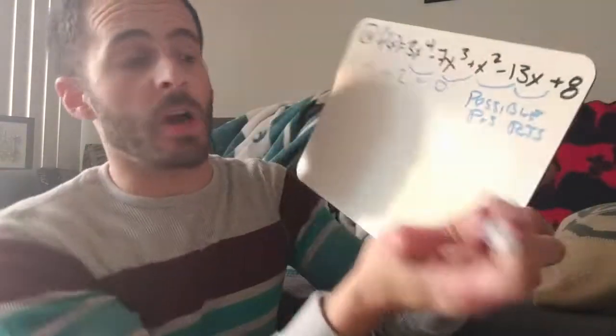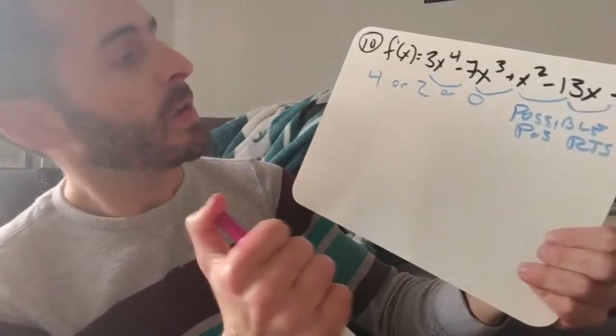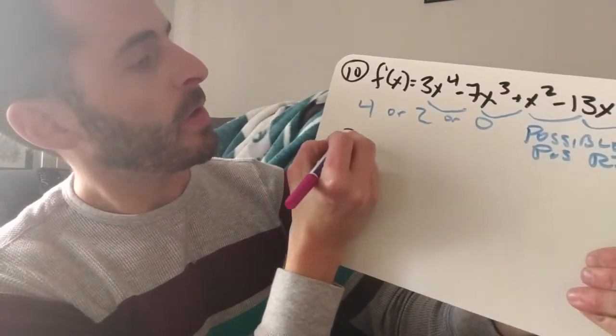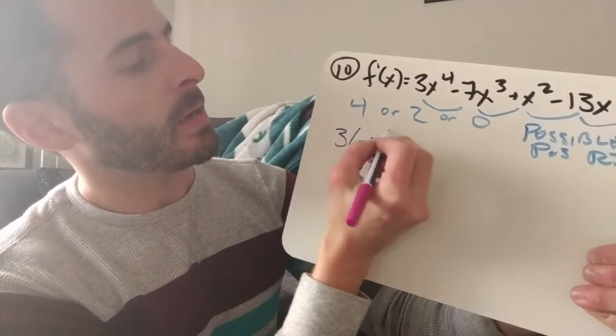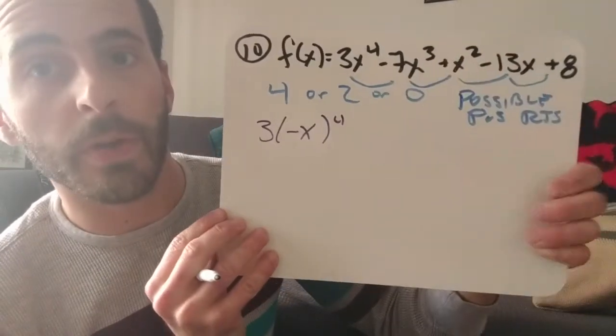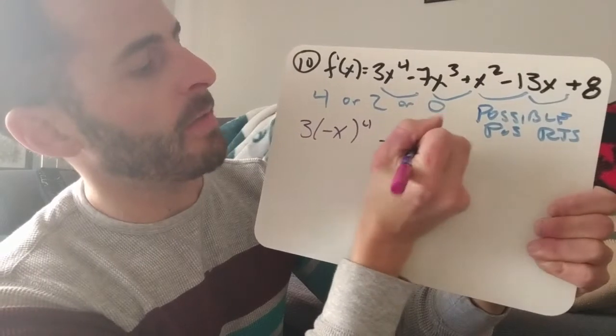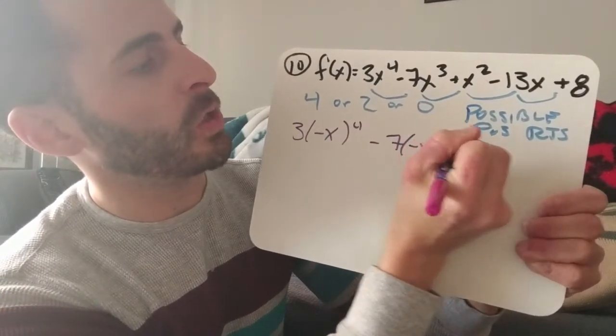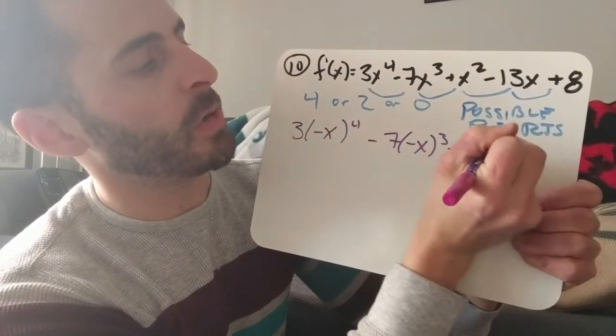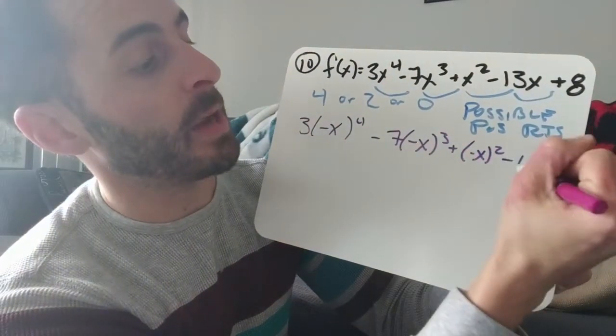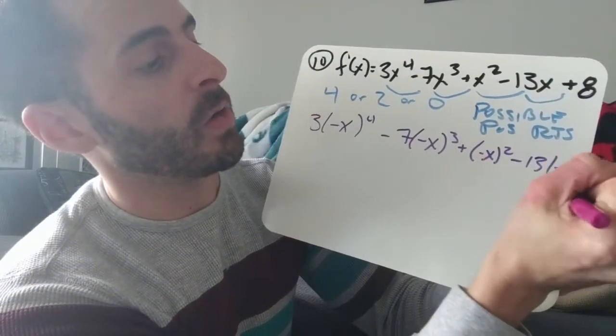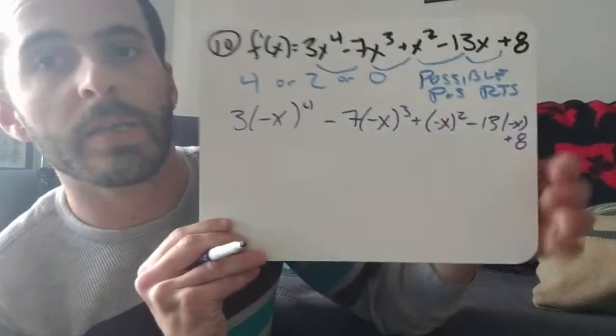And this is where you need to start becoming clever. So I have 3 times negative x to the 4th minus 7 times negative x cubed plus, now I'm going to do this for you on the video, but in class I'm not actually going to write this out the whole way, and you will see why in a second.